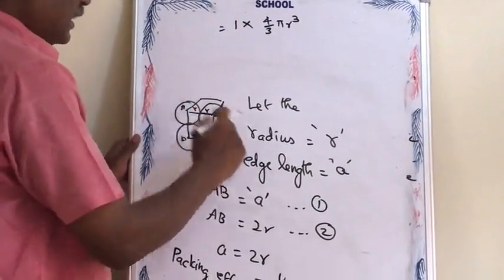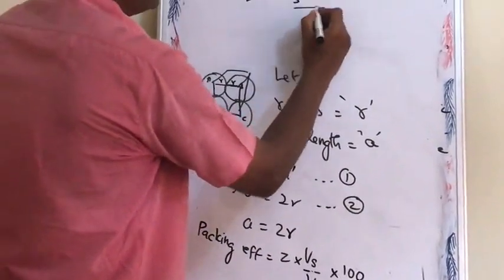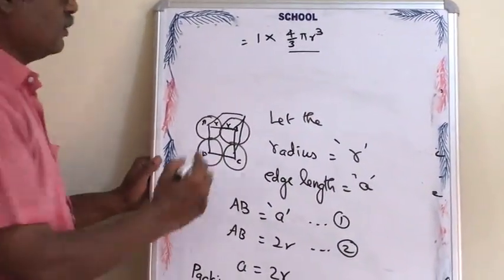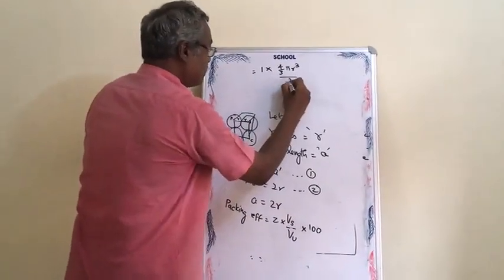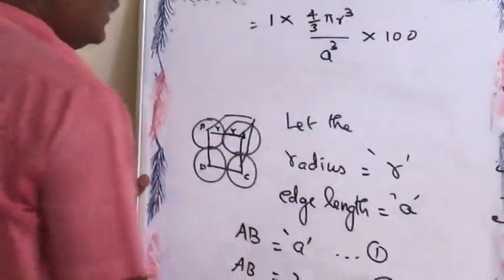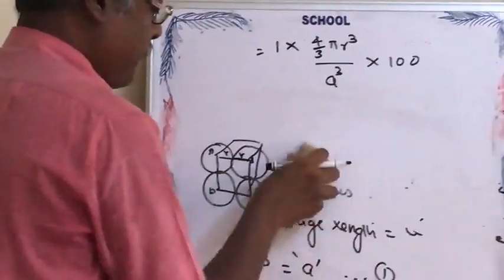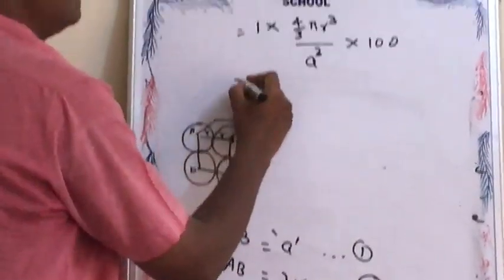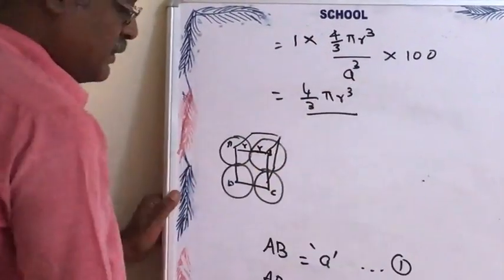The unit cell is in the form of a cube, and you know the volume of the cube is a cube. So the formula is 4 by 3 pi r cube divided by a cube, into 100.